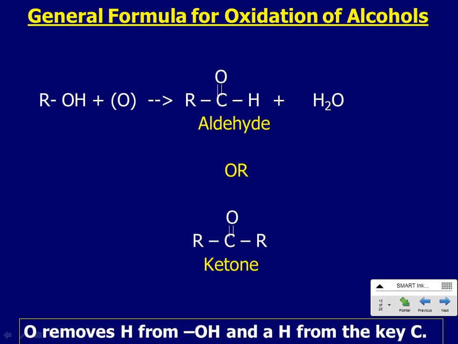We can combust an alcohol. If I wanted the combustion reaction, I would have put an O2 in this position. But on a test or an exam, if I give you just an O in brackets, then that'll signify to you we just want a careful oxidation. So if we do a mild or a controlled oxidation, we can turn our alcohol into an aldehyde.